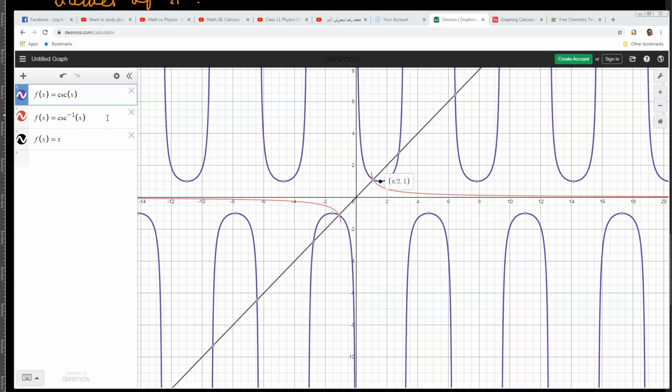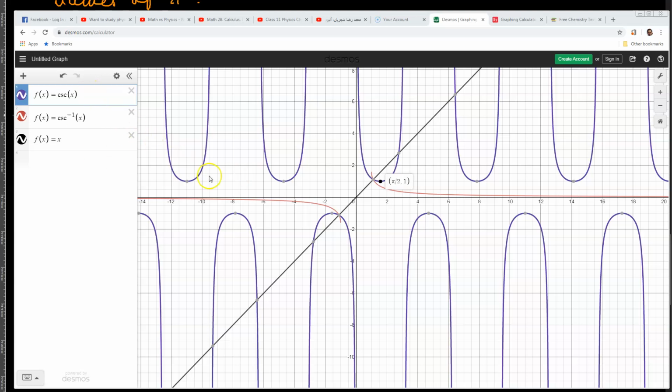Otherwise you would see a whole bunch of lines over here going up and down, in a horizontal direction, all the way from negative infinity to positive infinity. For each of these you would have the same line shifted or rotated 90 degrees, for example, counterclockwise or something like that.